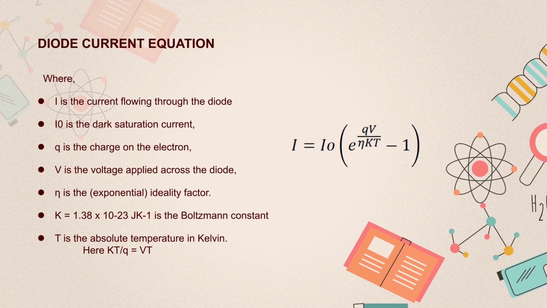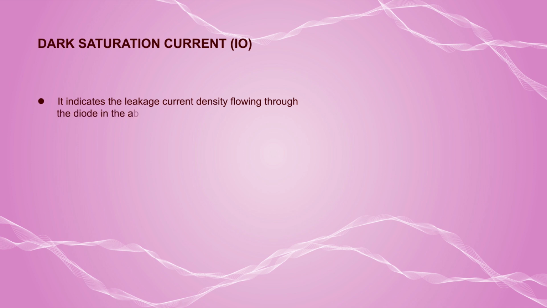Now, in the expression shown in equation 1, two parameters are of utmost importance to understand. One is the dark saturation current and the second is the ideality factor. So, let us study the dark saturation current. It indicates the leakage current density flowing through the diode in the absence of light, hence the word dark is used with this current.